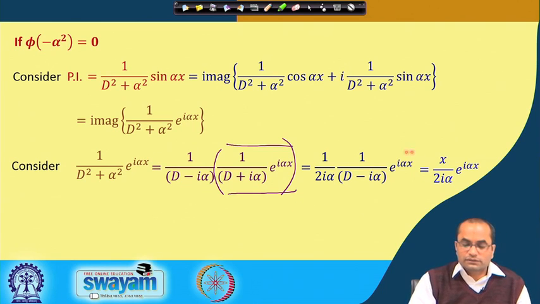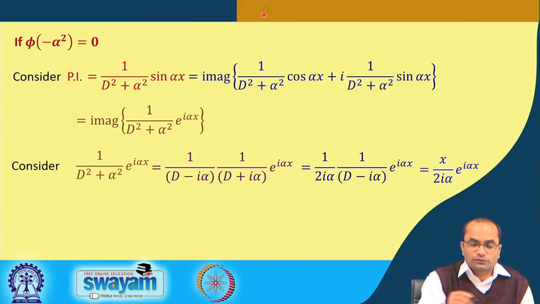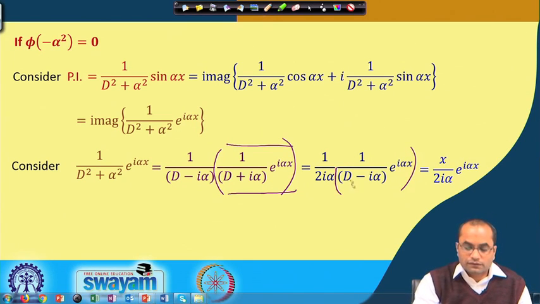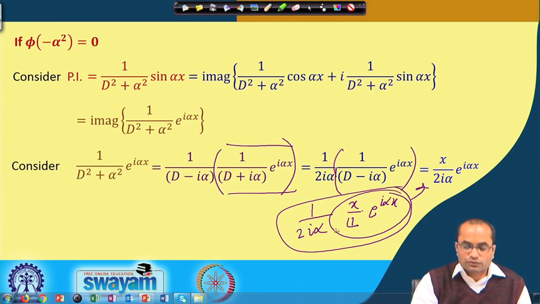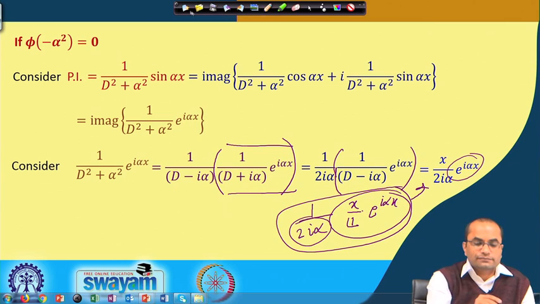So, the value of this will be x over 2 I alpha, because x over factorial 1 comes out of this operation, and together with this we have 2 I alpha. So, we have written here x over 2 I alpha and exponential I alpha x.